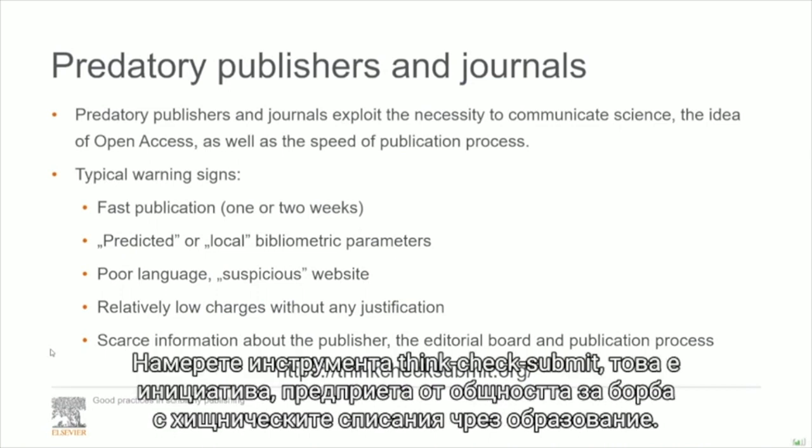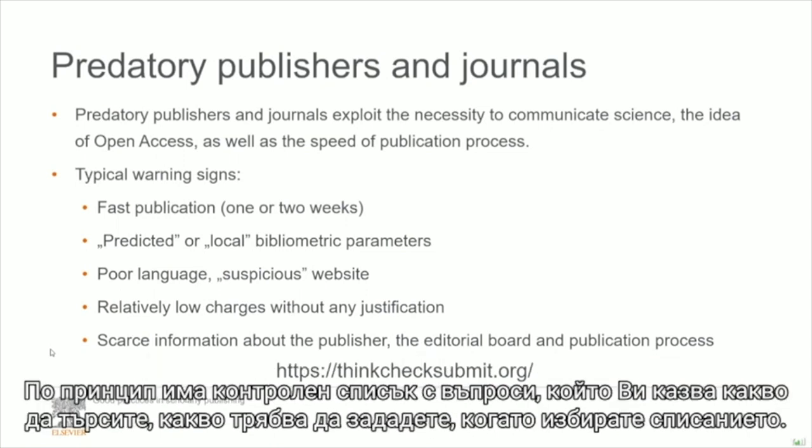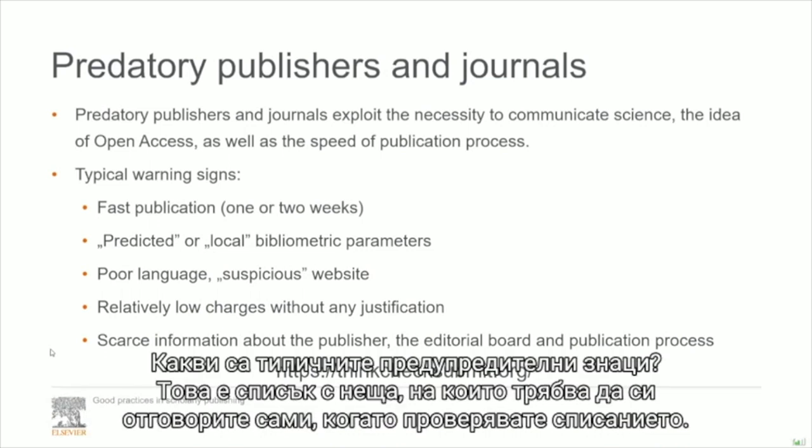It's an initiative done by the community to fight predatory journals by means of educating the community. There is basically a checklist that tells you what to look for, what you should ask yourself when you are choosing the journal. What are the typical warning signs?